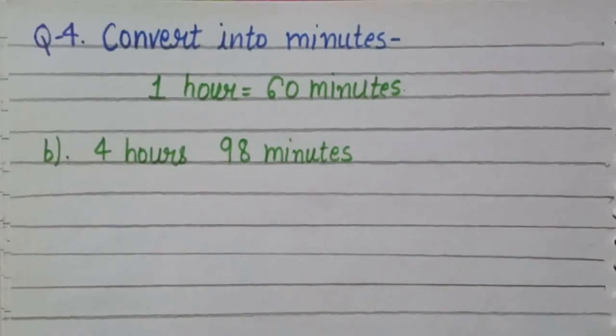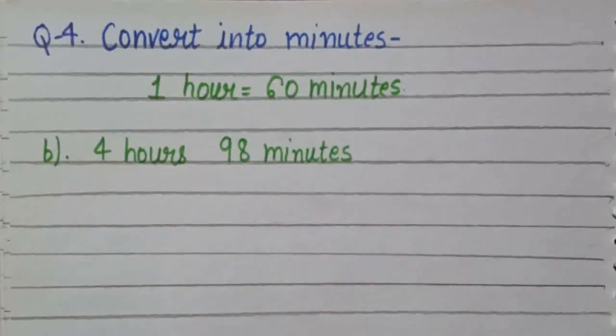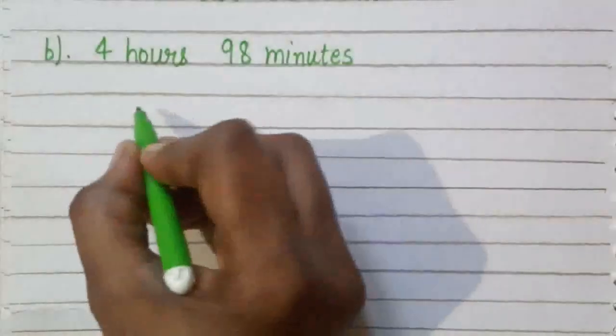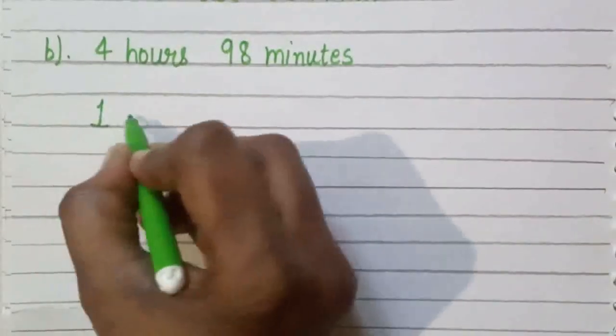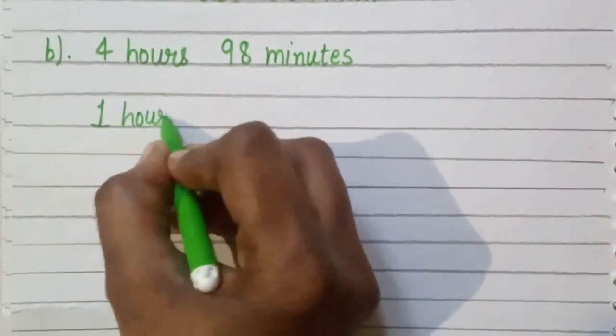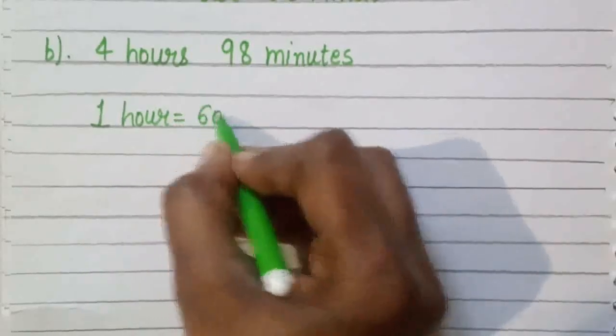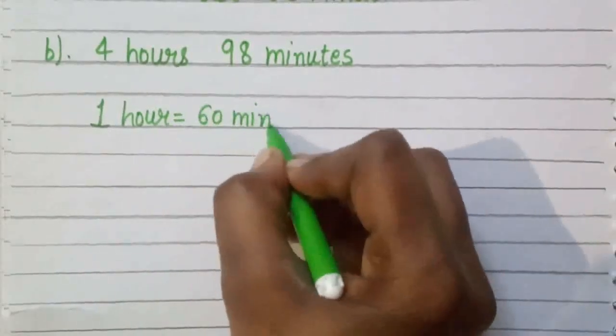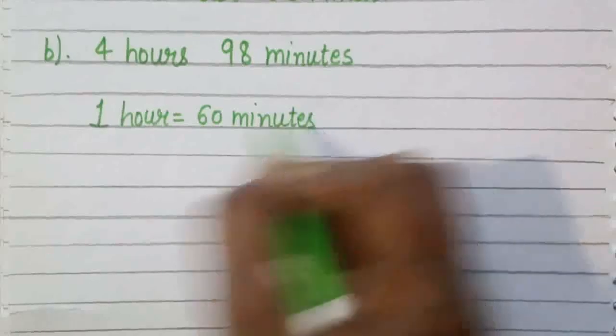Part B we are going to do first. 4 hours 98 minutes. In this one, hours as well as minutes are given to you. Let us convert hours into minutes first. Okay children, so let us write here: 1 hour is equal to 60 minutes. Fine.